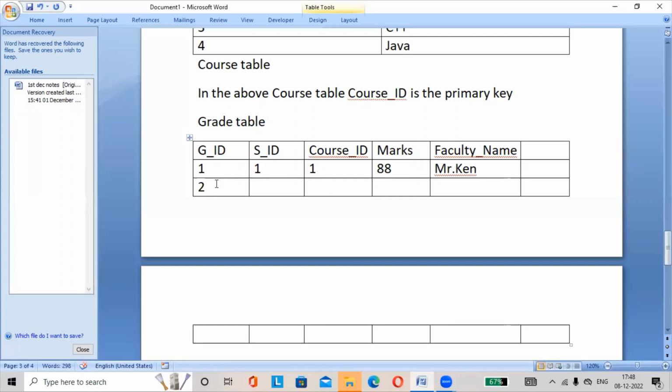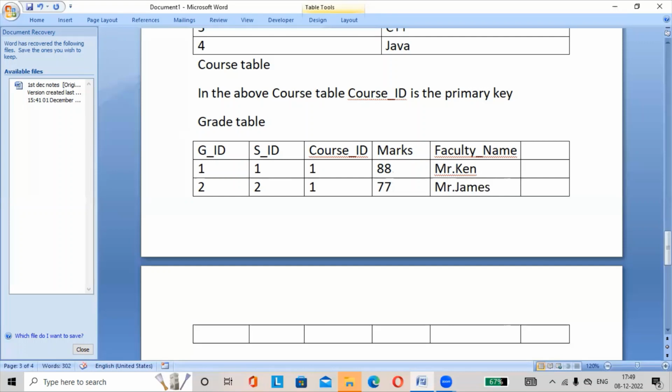Student ID is 2. Course ID is 1. He got 77 marks. So the faculty is Mr. James.